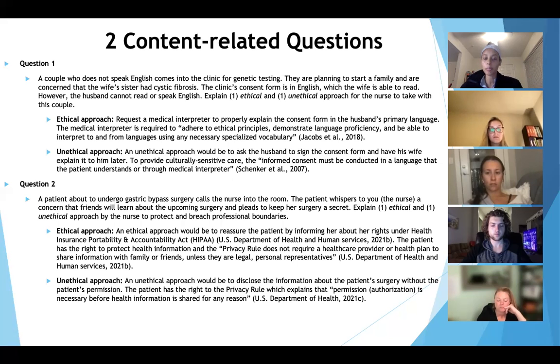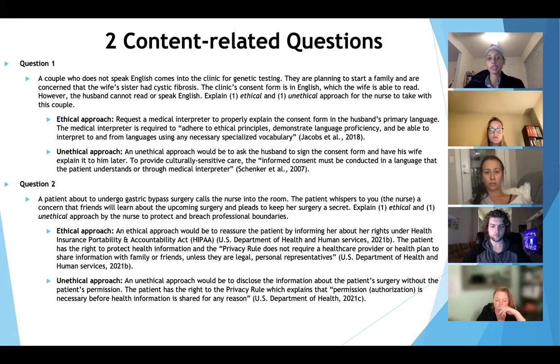So the ethical approach would be to request a medical interpreter, right? Just as we talked about with Ying's case. And we want that to be in the primary language. It's important that even the medical interpreter is adhering to ethical principles, making sure they're proficient in whatever language is selected. And they also need to be able to use specialized vocabulary as necessary. On the other side of that, an unethical approach would be to say, hey, just sign the form.